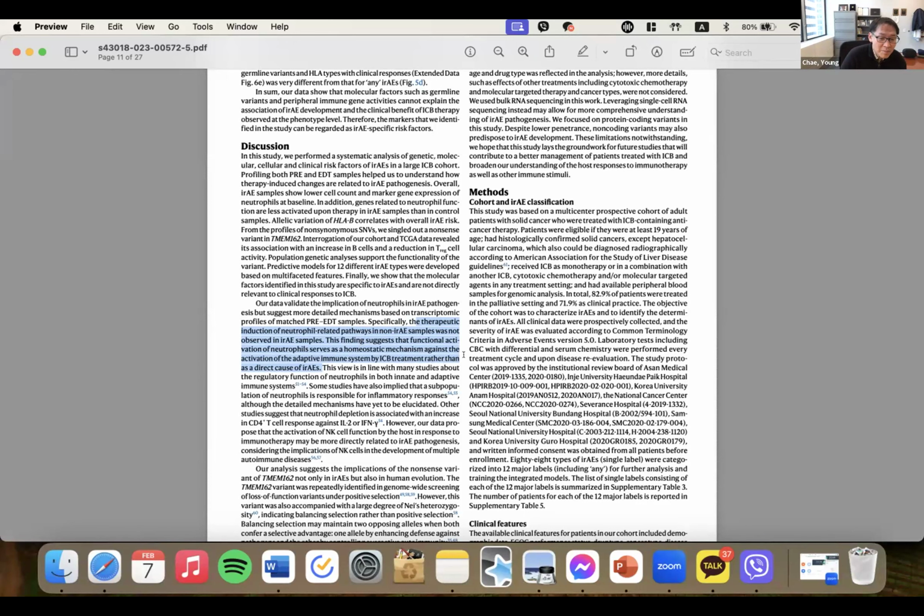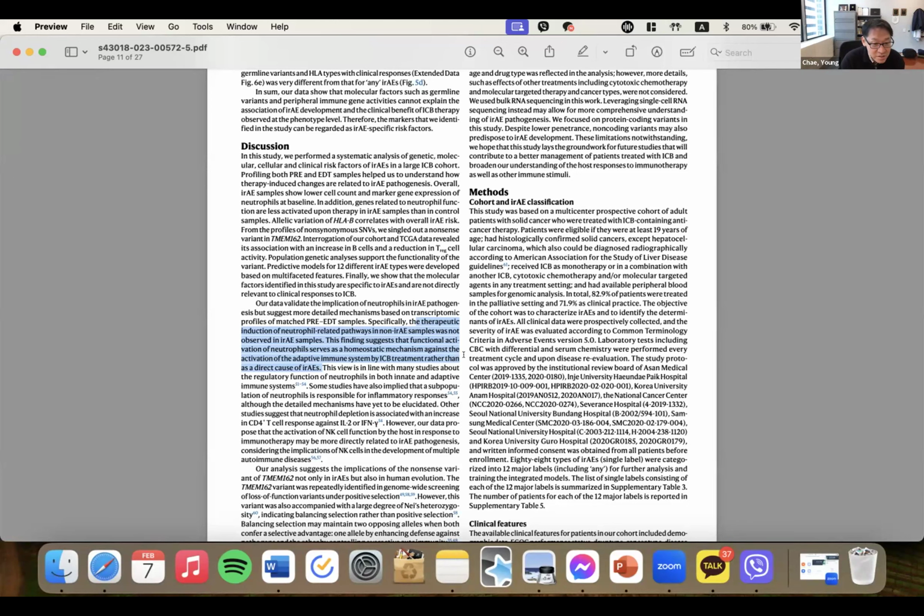Okay, so it's the opposite. The neutrophils are activated in ICI as a feedback, more like a negative feedback loop, but this wasn't seen. The neutrophil induction was not seen.